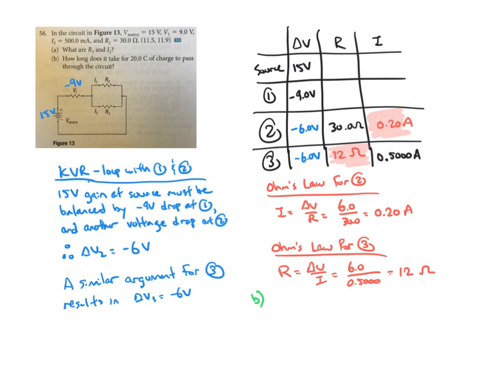So I'm going to need to know the current for the source here. If I'm going to find how long it takes for 20 coulombs of charge to pass through it. Okay, so how do I find out that current? Well, I can use KCR.